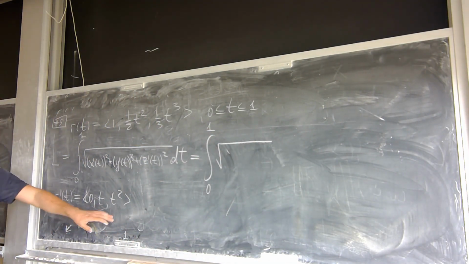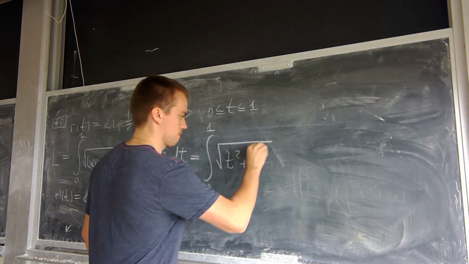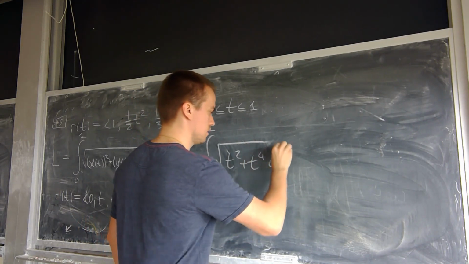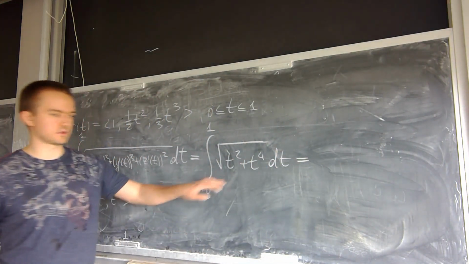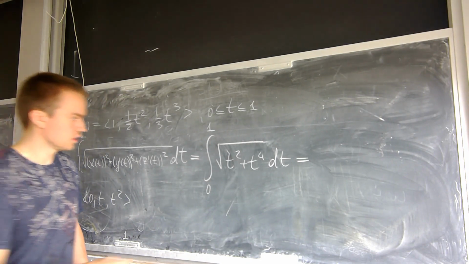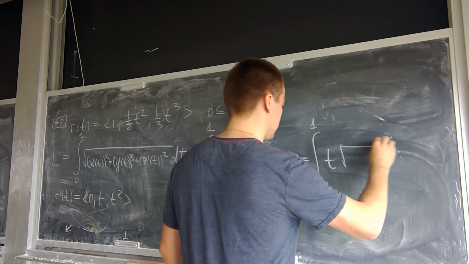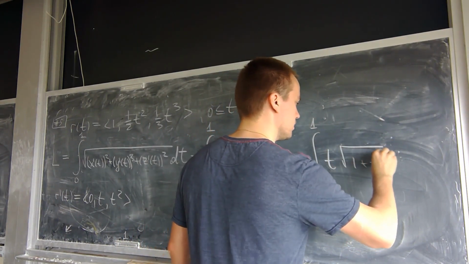I have t squared plus 2t to the 4, dt. Then how can I simplify this integral? Yeah, I can factor out t squared. So I will have the integral from 0 to 1 of t times the square root of 1 plus t squared, dt.